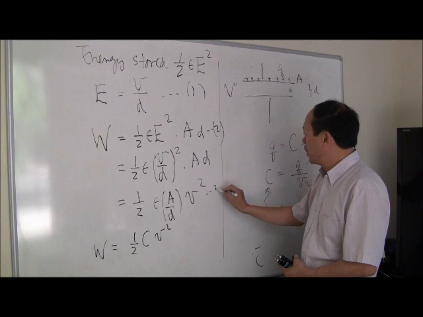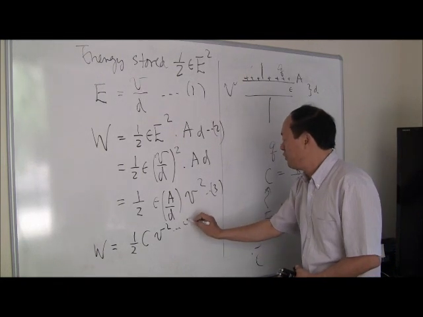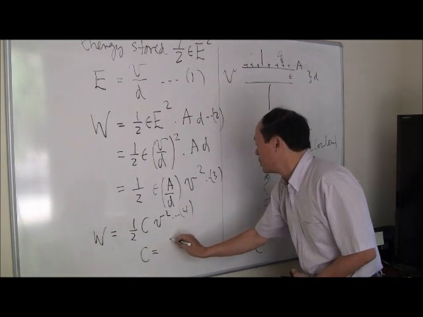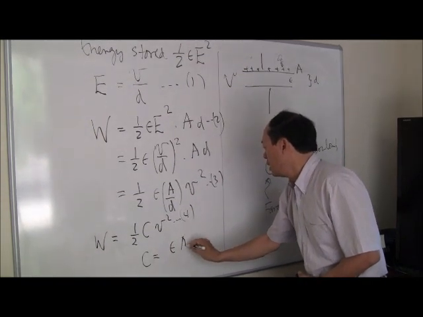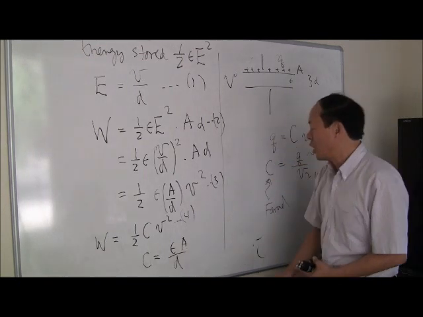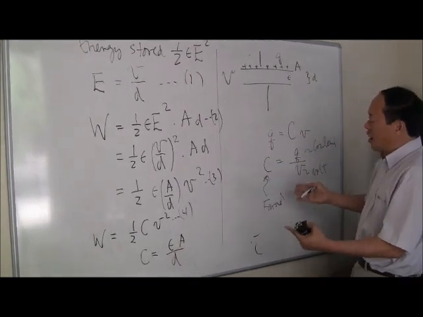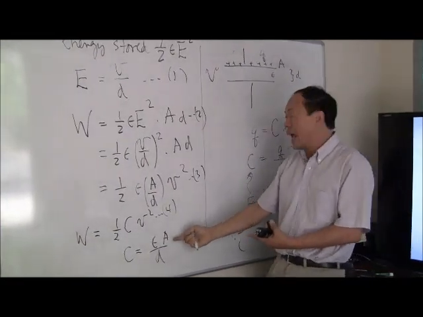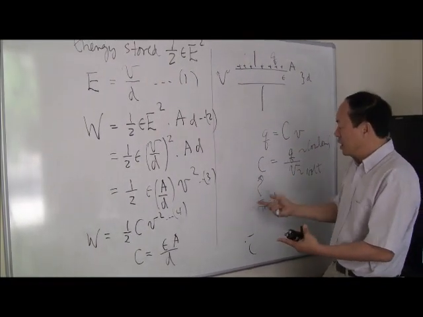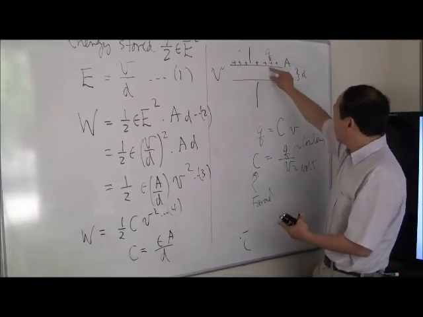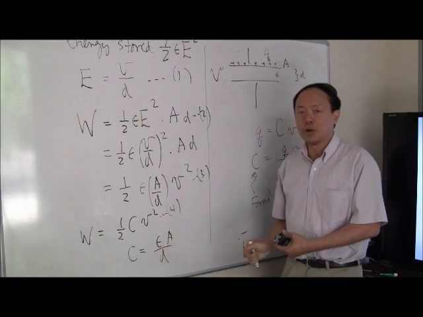So if you compare equation 3 and equation 4, you basically have C equal to epsilon A divided by D. And so the capacitance of a capacitor, first of all, is proportional to the area of the capacitor and inversely proportional to the separation of the plates and also proportional to epsilon.